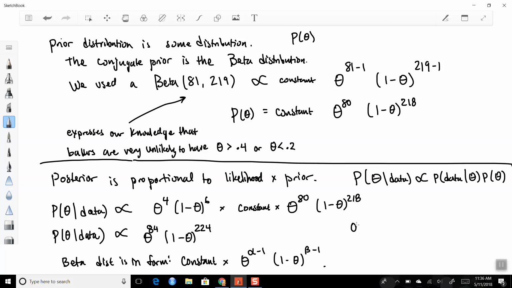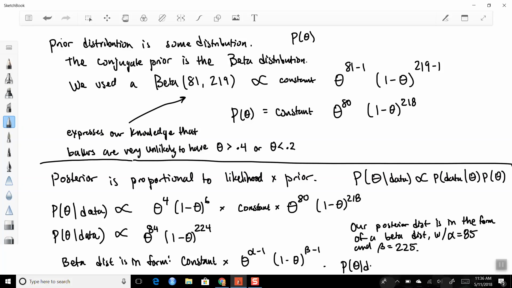Okay? So our posterior distribution is in the form of a beta distribution, with alpha equal to 85 and beta equal to 225. Okay? And so we could just say the probability of theta given the data is equal to a beta distribution of 85, 225.